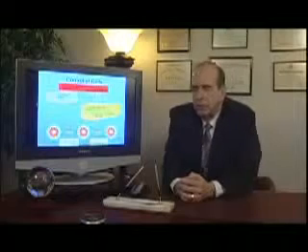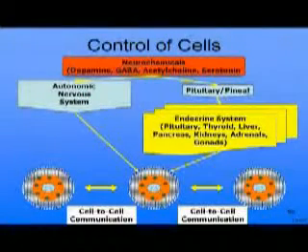Now, let's talk about the control of our entire system, because this is also one of the critical elements. The way it works is that our brain has neurochemicals, specifically dopamine, acetylcholine, GABA, which stands for gamma-aminobutyric acid, and serotonin.